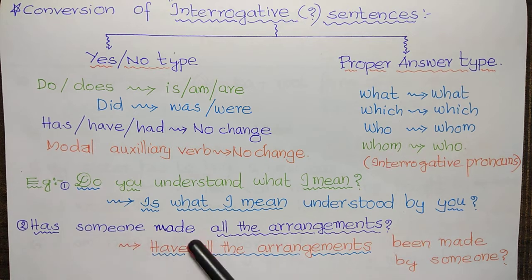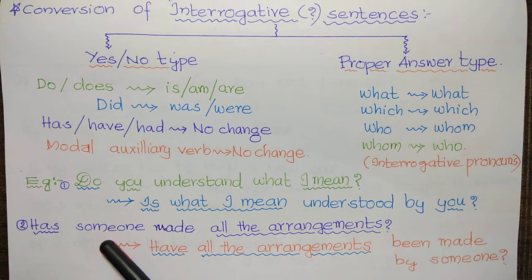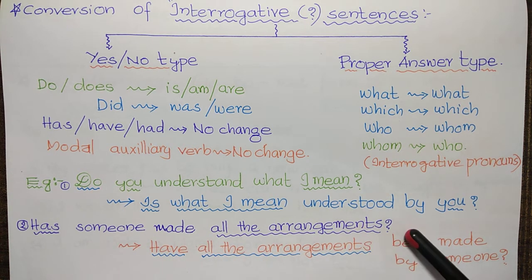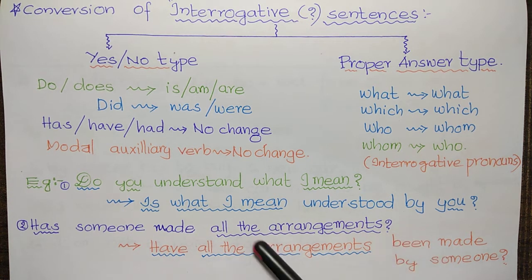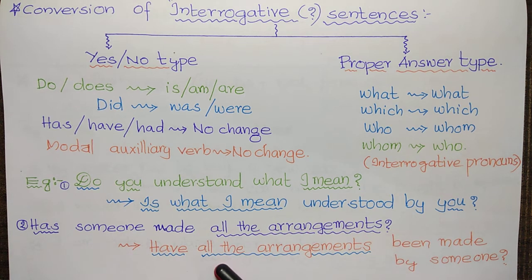Next, has someone made all the arrangements? So here it is a perfect tense. So we will use has, have or had. Here all the arrangements is the object. So after conversion to passive, all the arrangements becomes the subject.